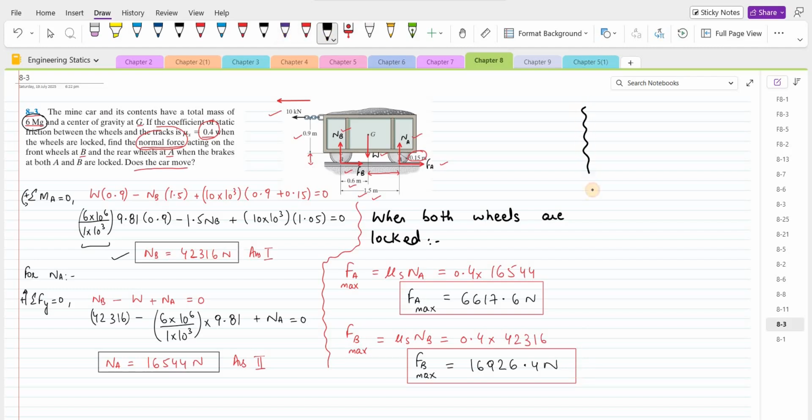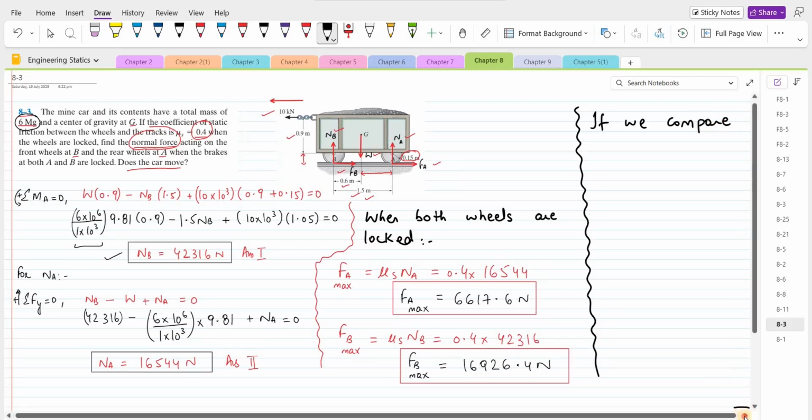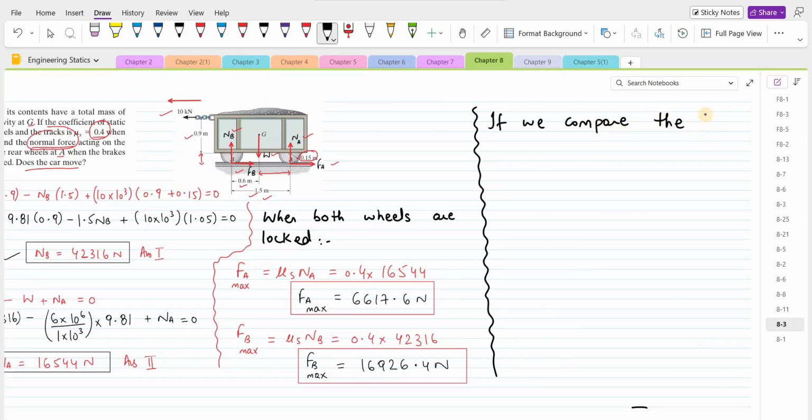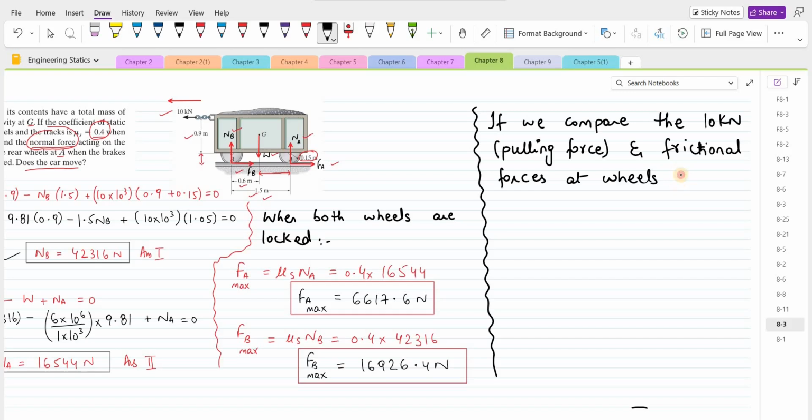For the final step, we compare the 10 kilonewton pulling force and the frictional forces at wheels A and B.